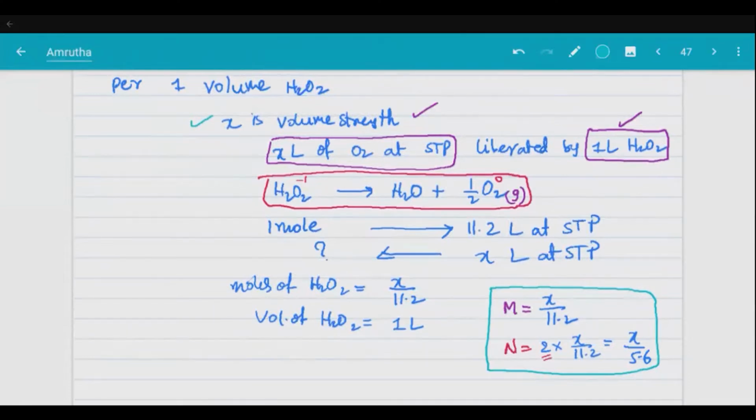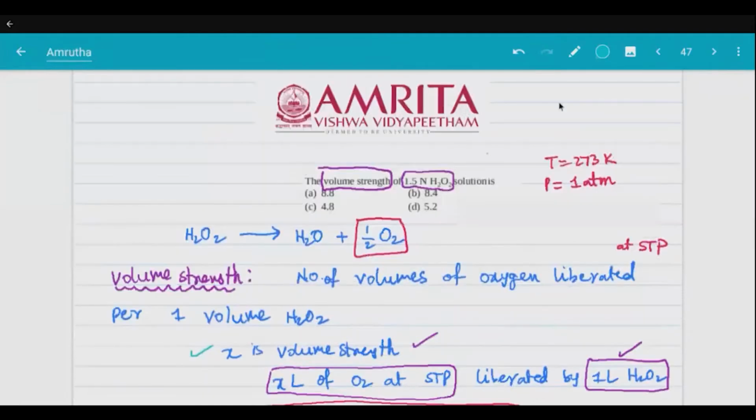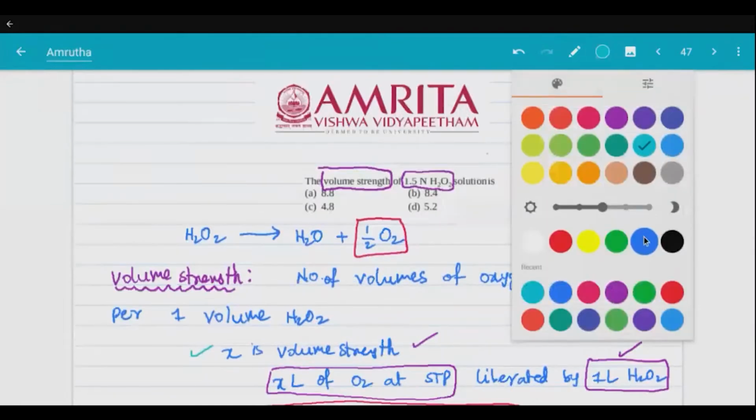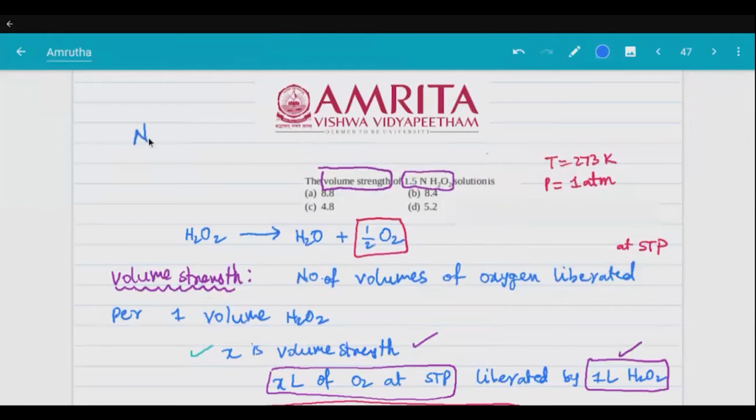Normality is given. X we need to find, right? So normality is equal to X by 5.6. Normality is given, 1.5 is equal to X by 5.6. So X is equal to 1.5 into 5.6. How much it is?